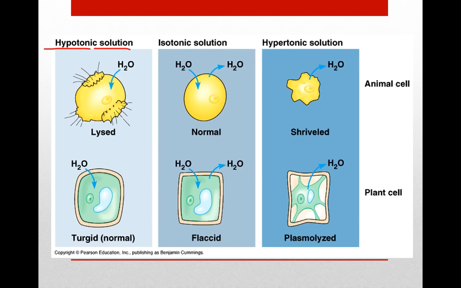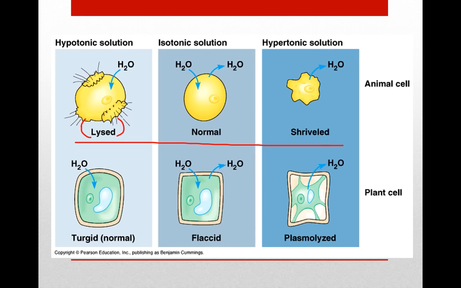If I look at this animal cell, these are the ones in yellow. When water goes into the animal cell, it can sometimes move in so much that it stretches the cell so much that it becomes what's called lysed, or it starts to split.